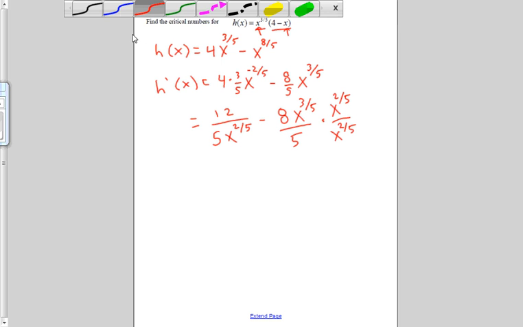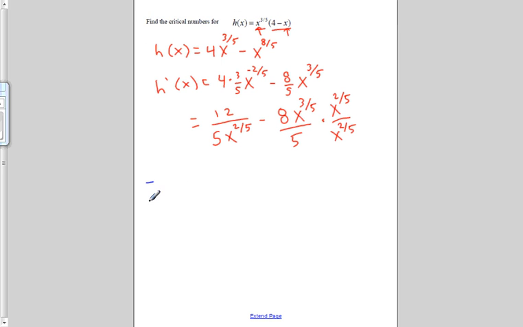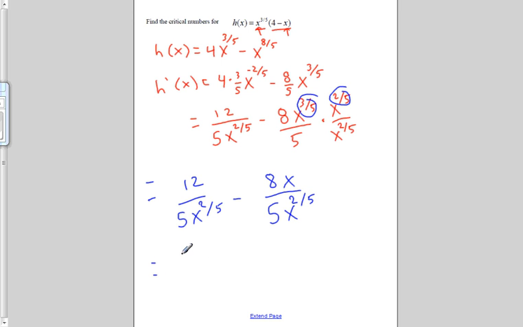So doing that, we get that h prime equals 12 over 5x to the 2/5 minus 8x, and that's what you get when you multiply x to the 3/5 times x to the 2/5, over 5x to the 2/5. Okay, so now we have a common denominator, and we get that this equals 12 minus 8x all over 5x to the 2/5.